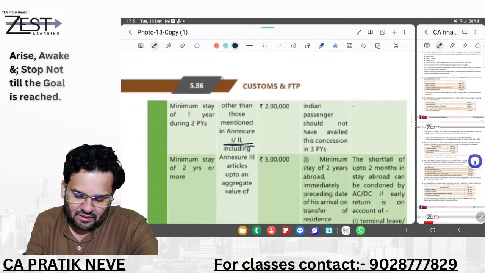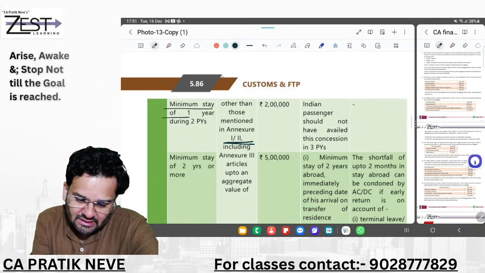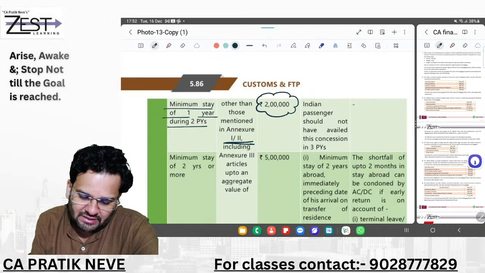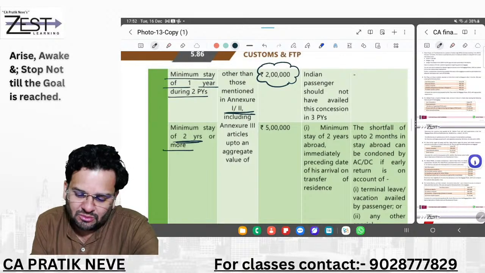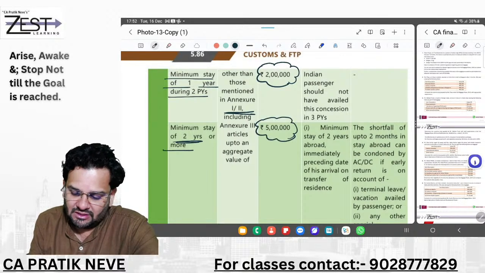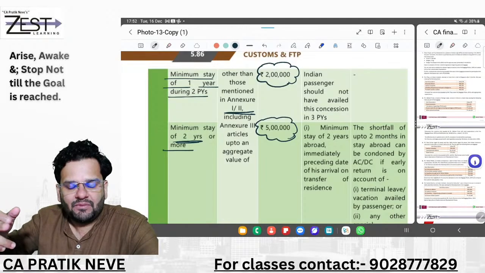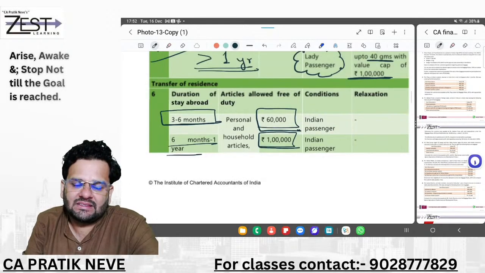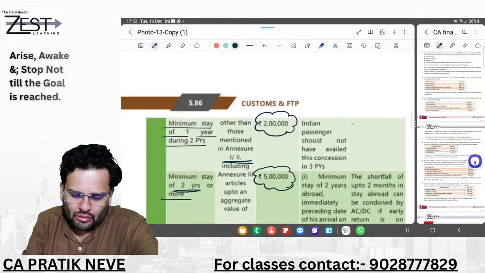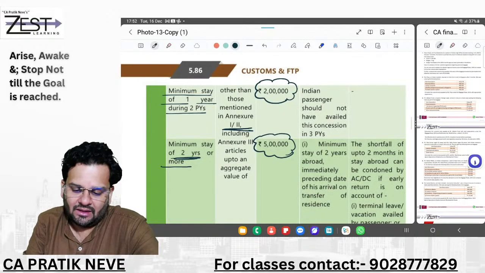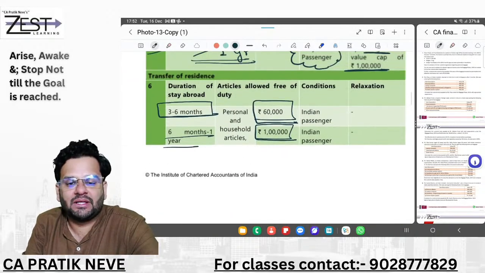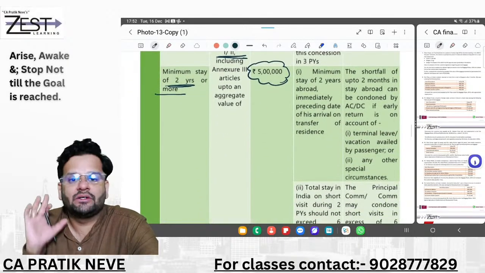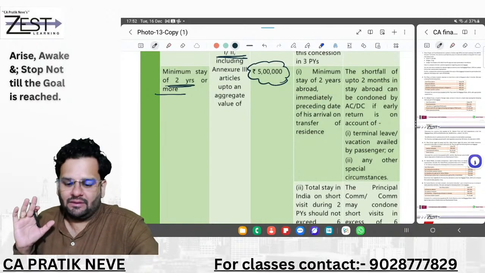If it is a minimum stay of 1 year during the last 2 years, then it is 2 lakh rupees, and a minimum stay of 2 years or more, then it is 5 lakh rupees. So friends, the more the stay, the more the allowance. So remember, 60,000, 1 lakh, 2 lakh, 5 lakh. And stay 3 to 6 months, 6 months to 1 year, 1 year to 2 years, and more than 2 years. Keep this in mind.